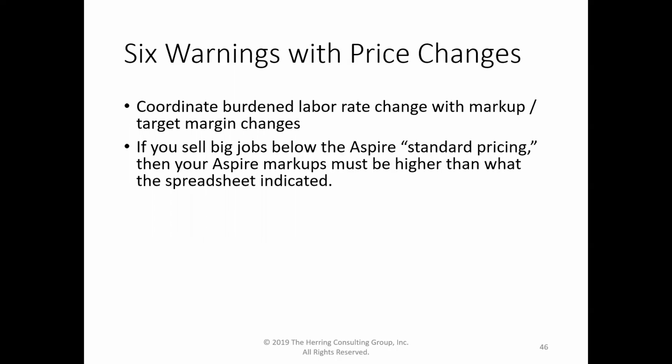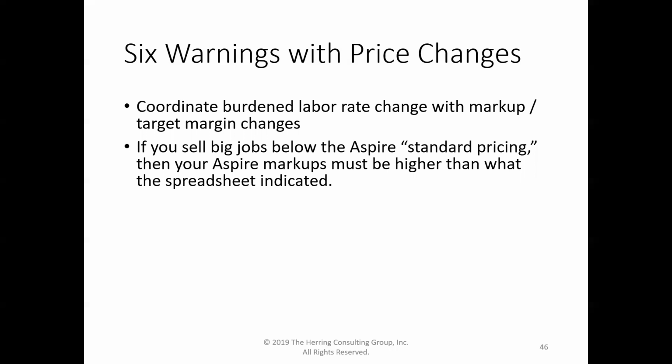If you sell big jobs below the Aspire standard pricing, Kevin talked about standard pricing, right, then your Aspire markups must be higher than what the spreadsheet indicated. Either my spreadsheet or Kevin's spreadsheet. If you cut prices on big jobs, you need to increase the standard pricing on the other jobs, because you're after an average, right?